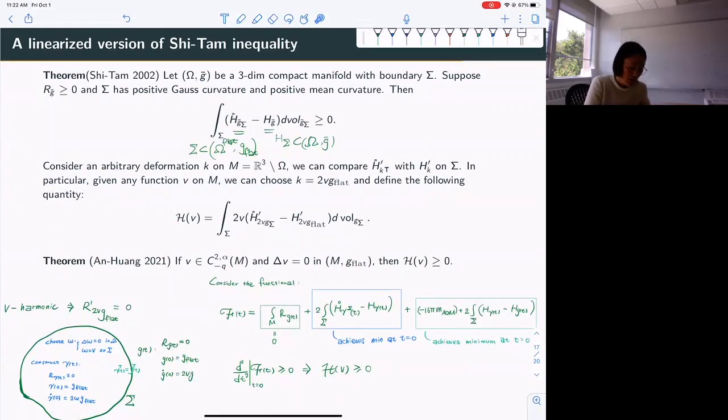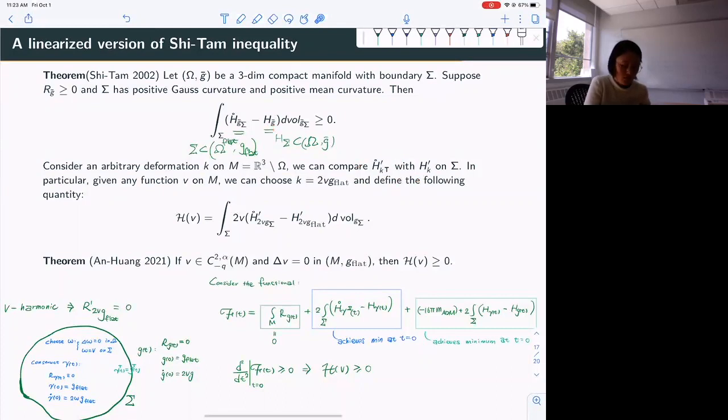If we are given an arbitrary deformation K in the exterior region, we can consider the Dirichlet data of K. That Dirichlet data of K will be a symmetric two-tensor on the boundary, and using that two-tensor we can define this unique quantity, which is the variational mean curvature with respect to the flat deformation caused by this K. Then we compare this with the classical mean curvature variation with respect to K. Those two are like a linearized version of those two.